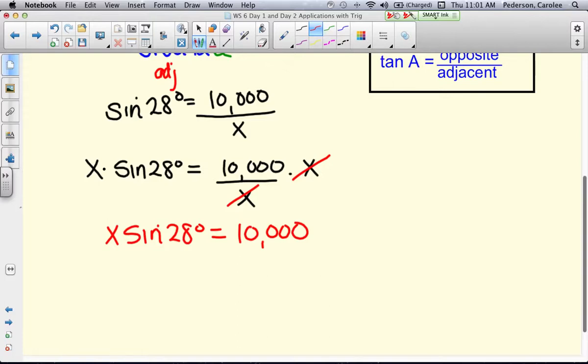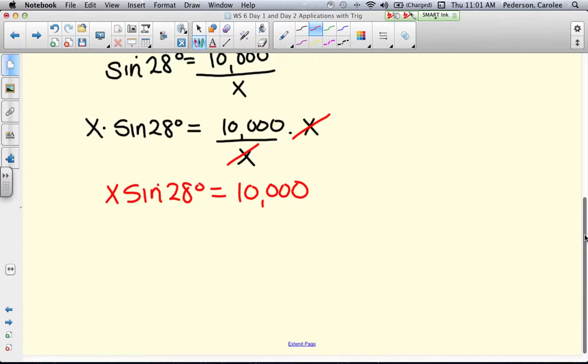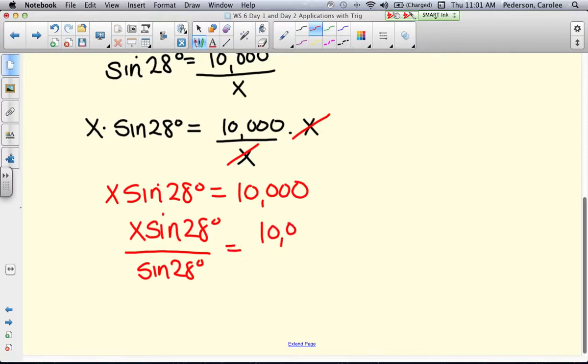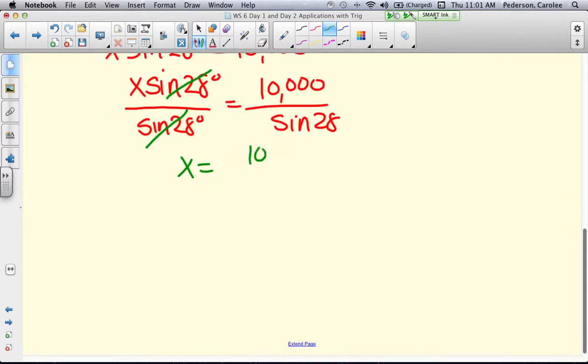So to undo that, we're going to divide both sides by the sine of 28 degrees. And what cancels out are the sines of 28 degrees. And we're left with x equaling 10,000 over the sine of 28 degrees.